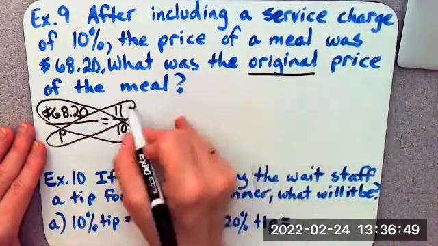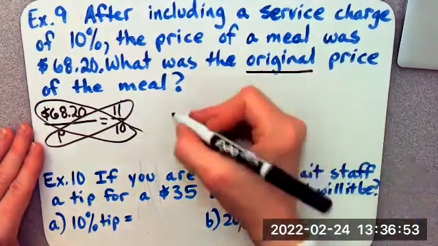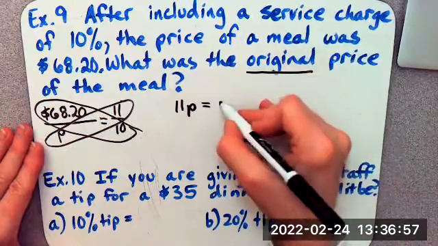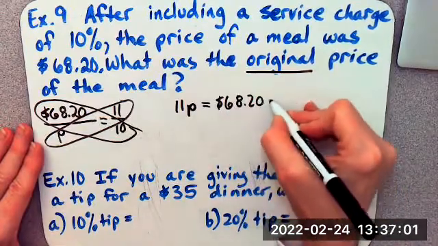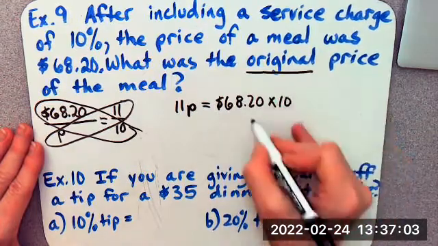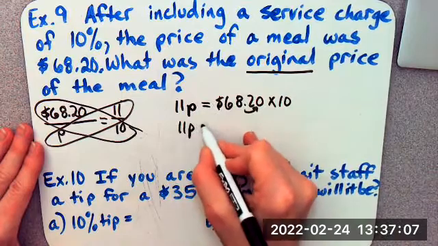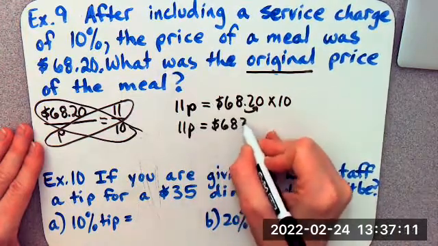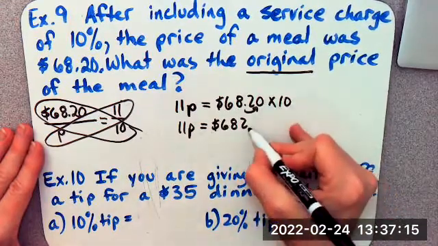So that gives me 11 times P. 11 times P equals $68.20 times 10. So that's going to move the decimal over 1. So I have 11P equals 682, because the 0 is not going to matter.